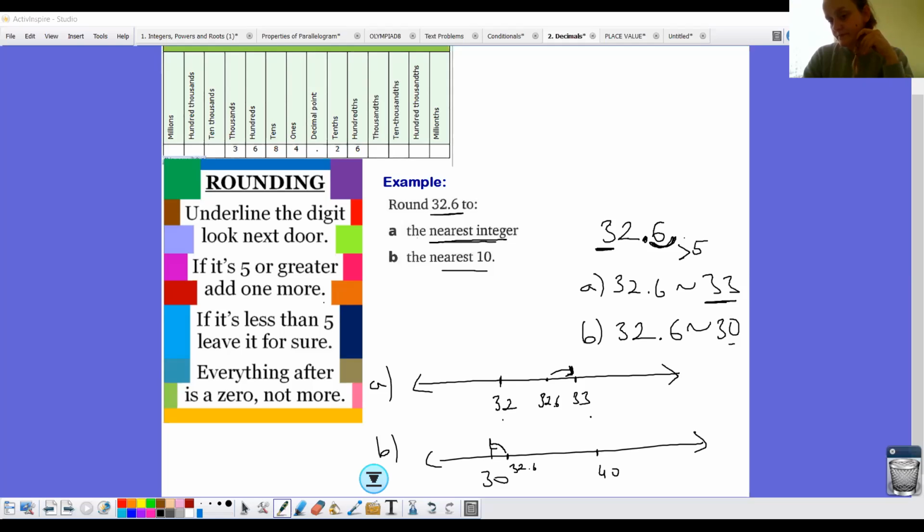I'm trying the second line thing. Teacher, what's the line thing's name? Number line. Teacher, should we write that rounding, underline the digit, look next door? You have it in your book. It has to be in your book. It's okay, from last year, I think.